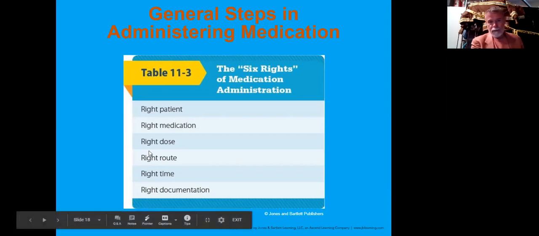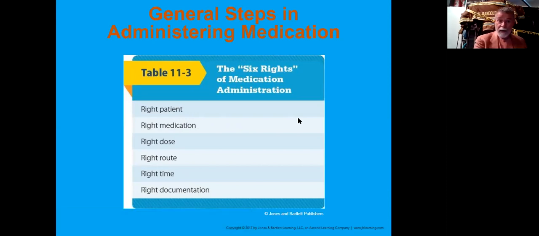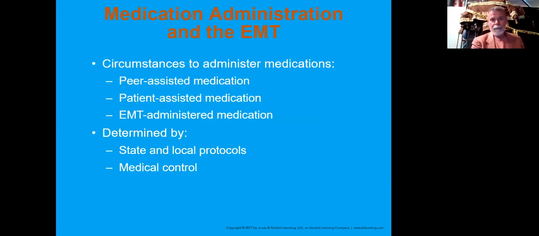The medications themselves can also be witnessed a lot of times on someone's actual prescription, right? Do I have the right patient? Do I have the right medication? Is this the right dose, the right route, the right time? And then of course, that you have to write this stuff down. So you should always think of these again as the 6 rights, all the way down from your patient to the documentation of what you're doing.